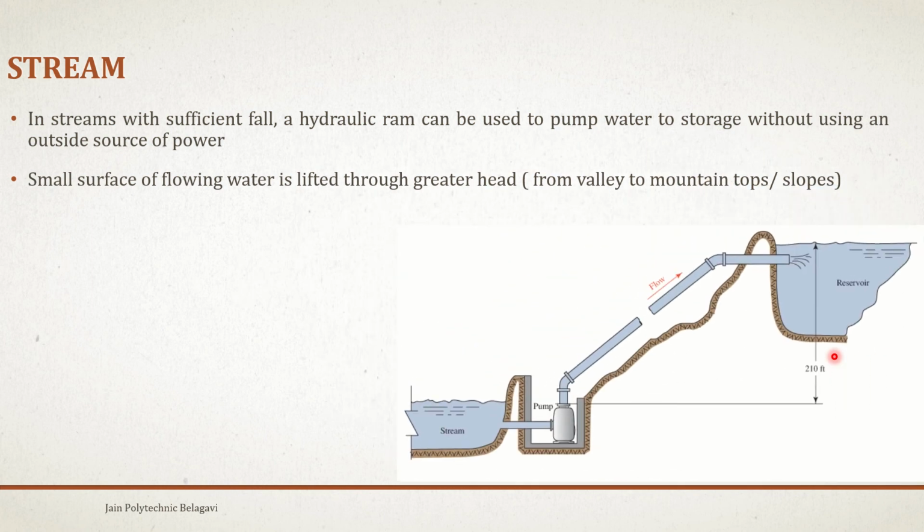So this is one type of stream where the water will be supplied from the small stream using the pump to store the water in the overhead or the mountain top reservoirs.